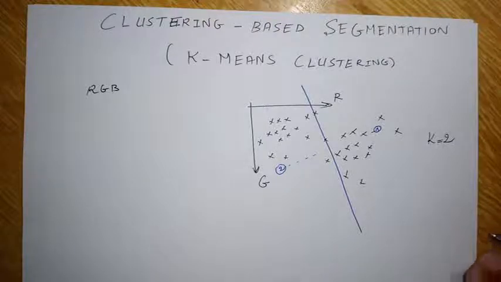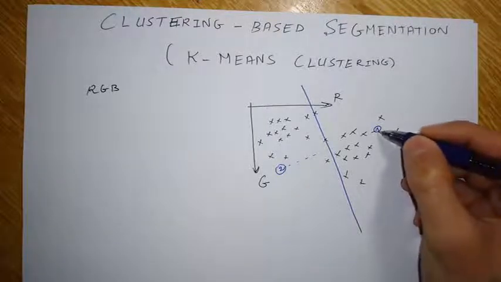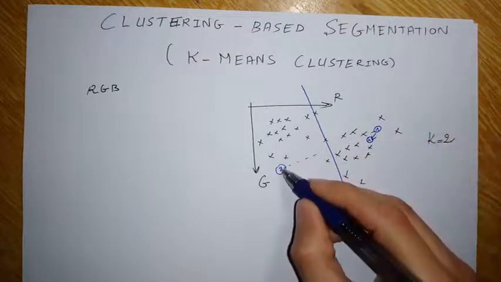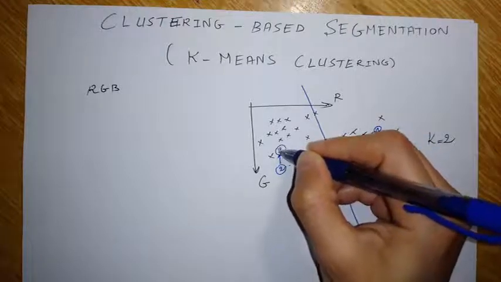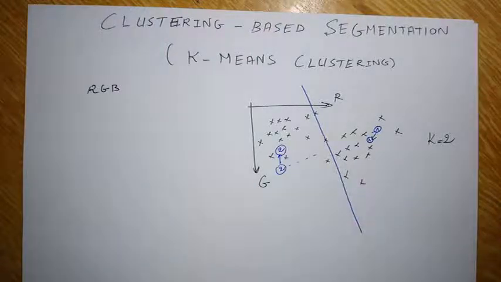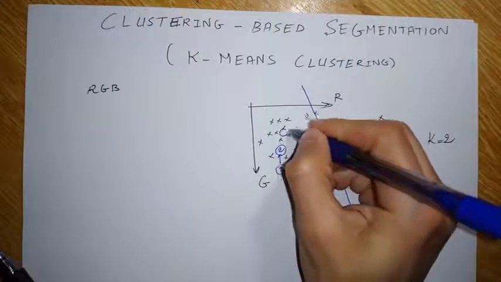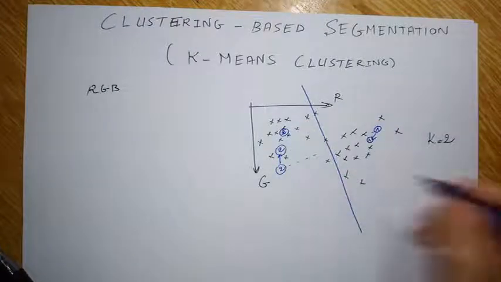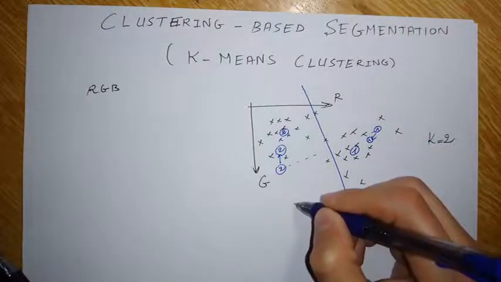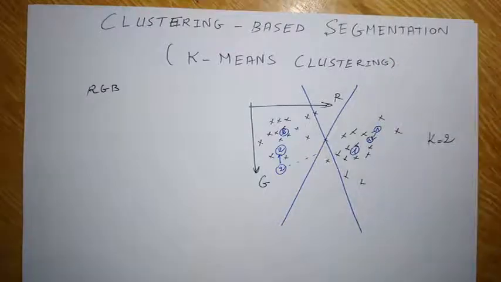So for the next iteration, we would hope that this mean would move, for example, here, and this point would probably move here. I split into 2 and update the means, and at the end, hopefully, I would converge to something like that. The second mean would be here, and the first mean would be here, and the line separating them is this one, and in this way, I would have my 2 clusters.